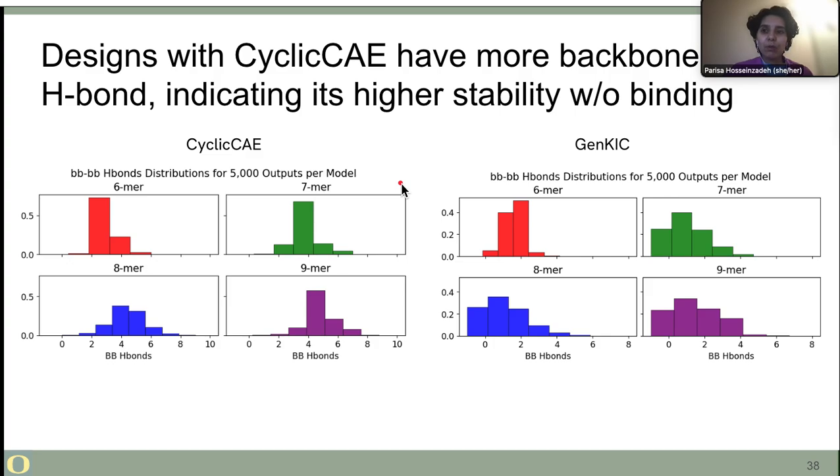And also, CyclicK has more backbone H-bonds. So instead of 1 to 2 that GenKIC makes, CyclicK makes on average 4, which indicates higher stability without binder.